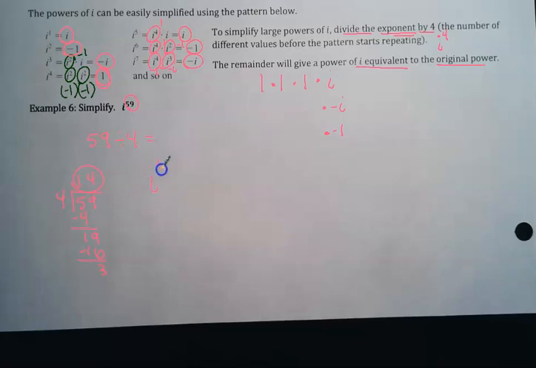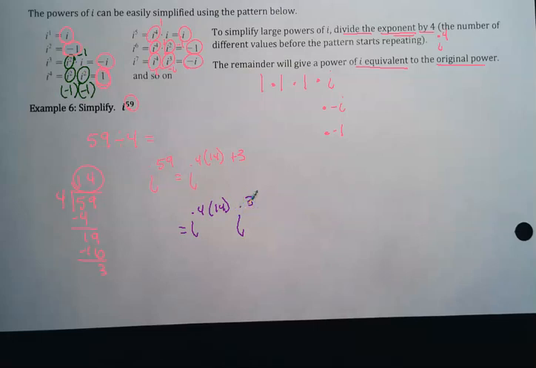Okay, so this 14 doesn't even matter, okay? Because what this is saying is i to the 59 is equal to i to the 4th power times 14. Okay, there's 14 groups of those, plus a 3 here, right? We have that remainder of 3. What that really means, okay, I'm going to rewrite this, is that it's i to the 4th to the 14th power, times i to the 3rd.